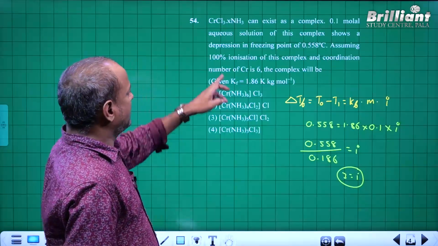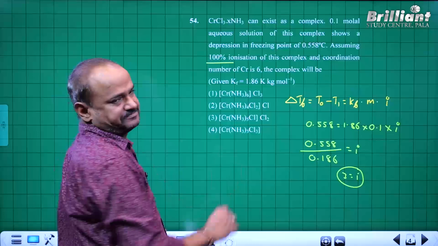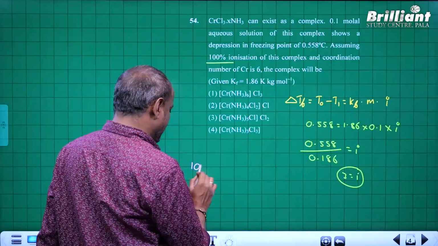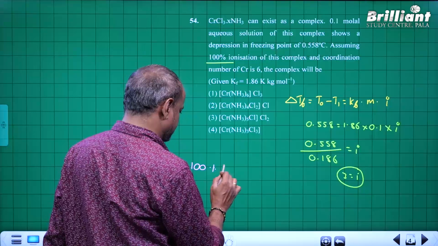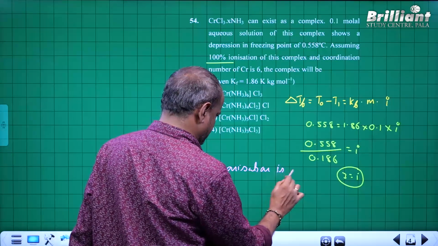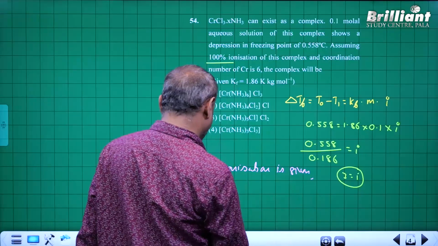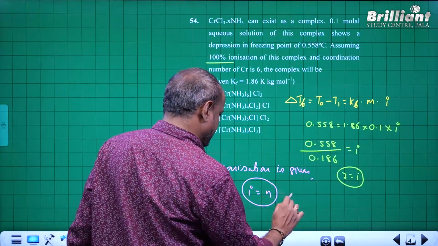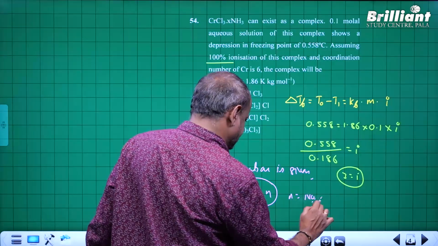So this is given 100% ionization. When 100% ionization is given, then i is equal to n, the number of ions.